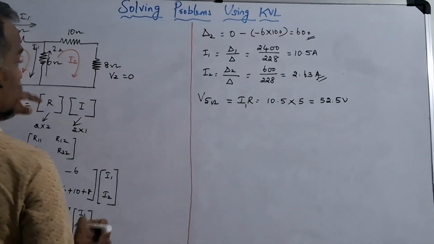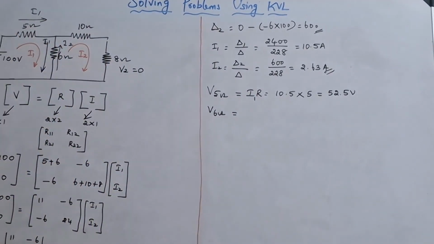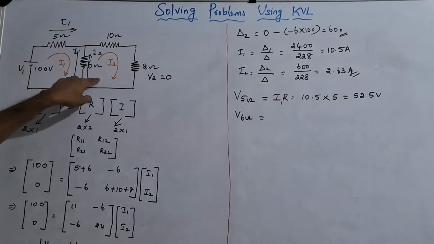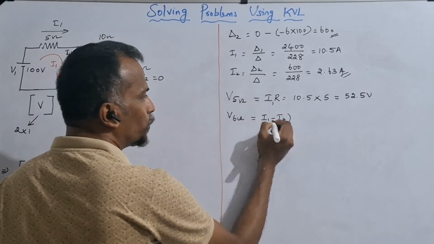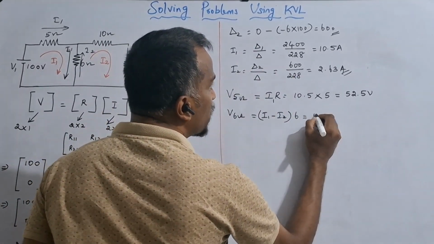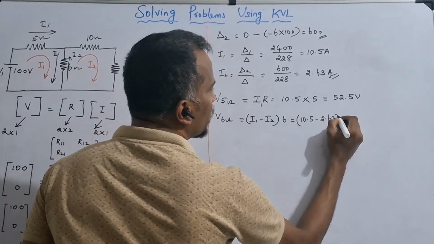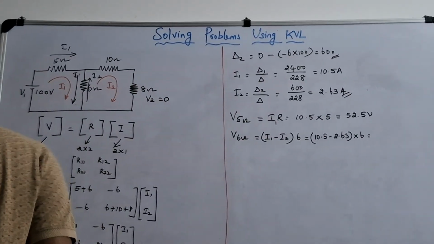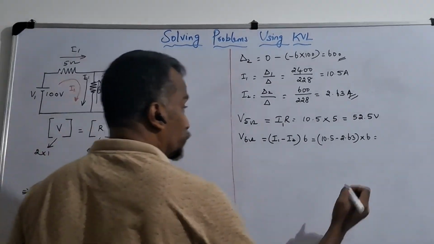Then the voltage across the 6 ohm resistance is I1 minus I2 into 6. That is equal to 10.5 minus 2.63 into 6. So the voltage across this 6 ohm resistance is 47.22 volt.